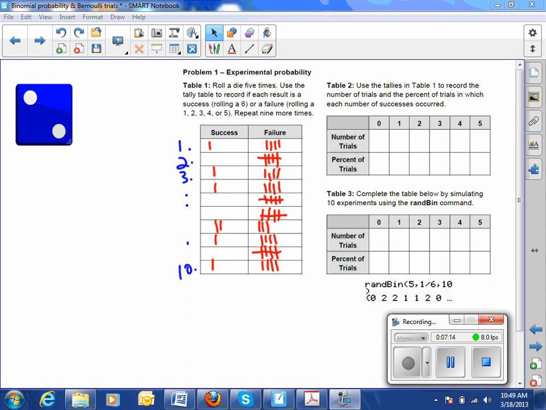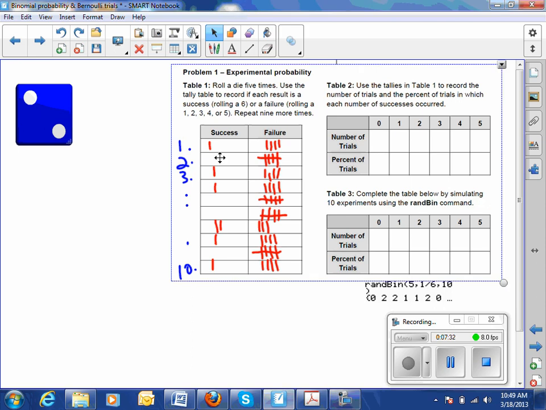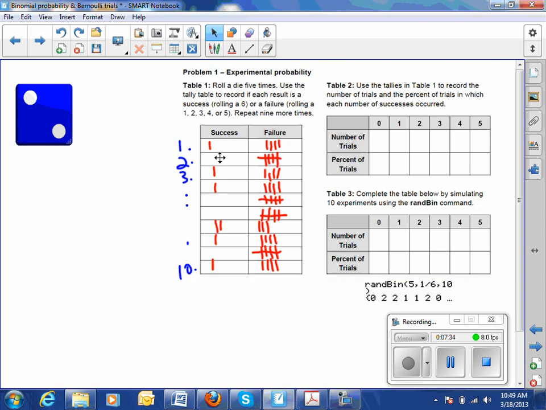So the number of experiments where we had 0 successes. Well, out of the, let's see, is that right? Let's think about this one. Yeah, that's right. So 0 successes would be this one, this one, this, and this.